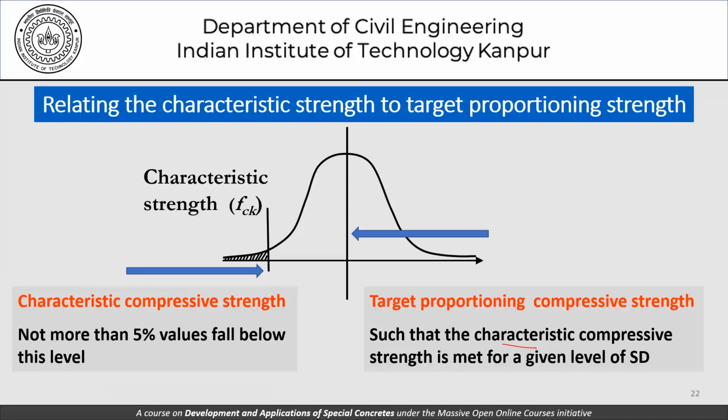So the target proportioning compressive strength is such that if we target the concrete mix to be at this value, and this area being 50%, this area being 50%, then for a given set of standard deviations, this point here will be such that this area here is 5%.